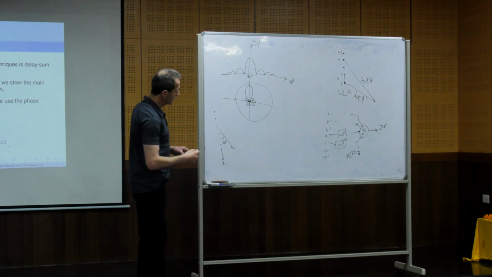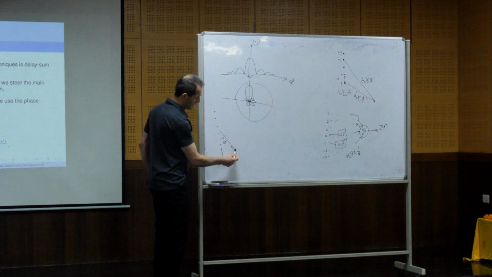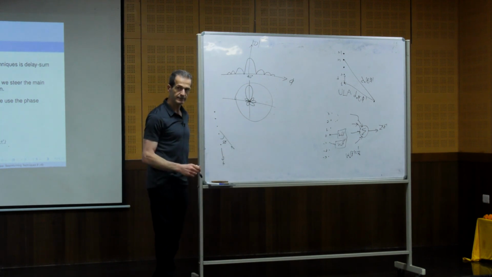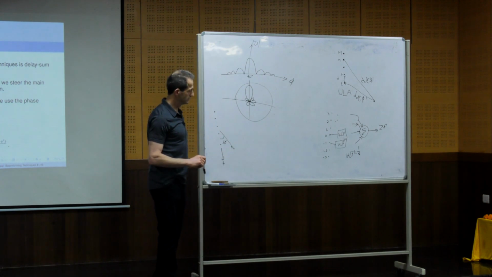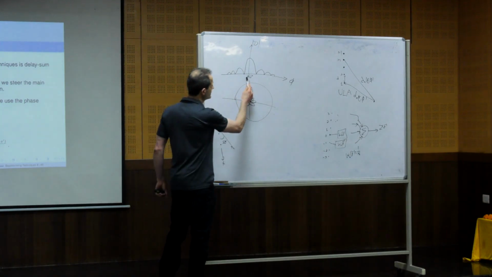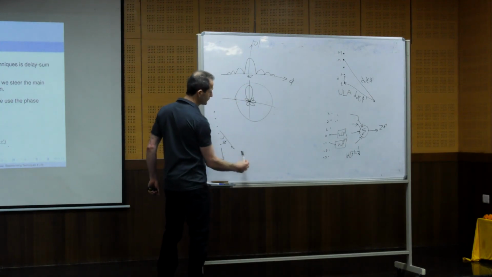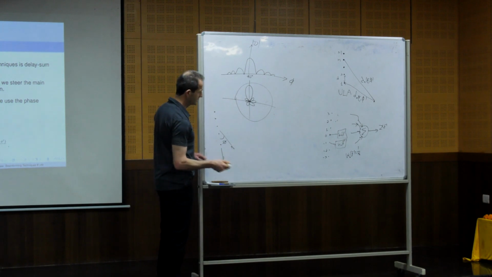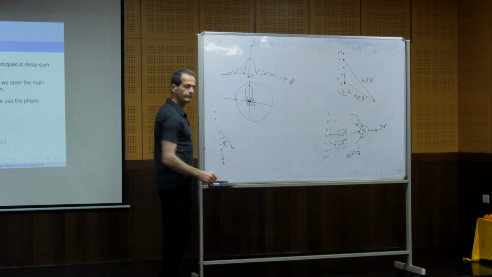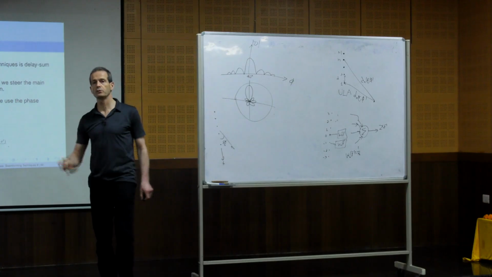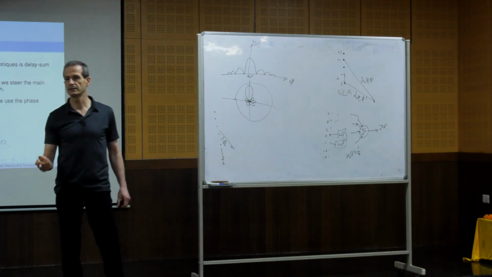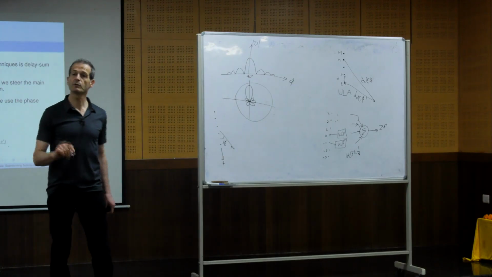Suppose that we want maximum gain for different directions. Instead of 90 degrees, we want maximum gain for a certain direction, phi 0, maybe 40 degrees, 60 degrees. What can we do?